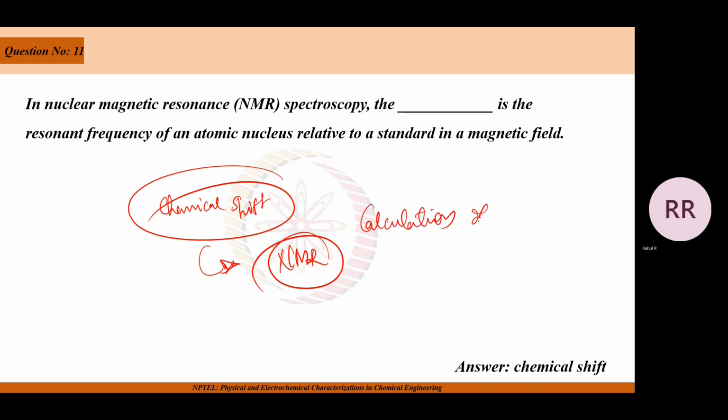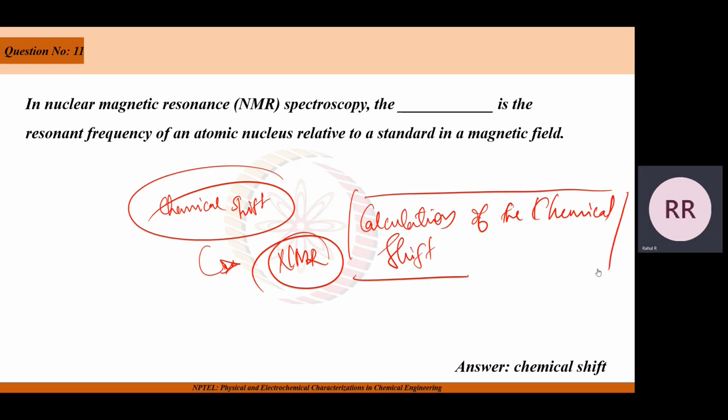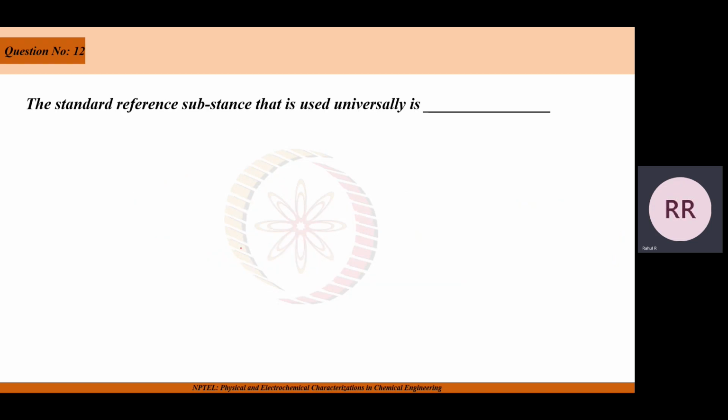Calculation of the chemical shift is mainly done during an NMR spectroscopy to get an idea about the different parameters. So the answer to this question is chemical shift. Going to the next question.